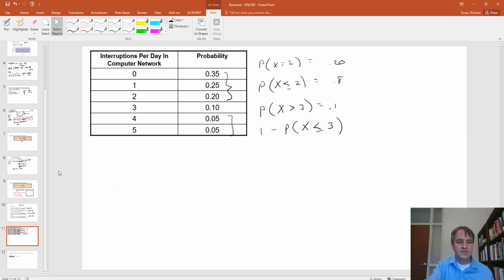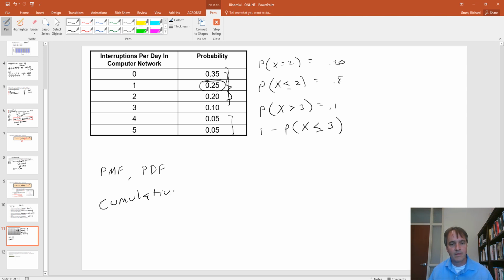Then we are no longer using that formula that I showed you before, because that's our probability mass function. Instead of just trying to find a particular value, we're interested in some kind of accumulated value. We're interested in cumulative. Some notion that we're going to be adding up a bunch of values.